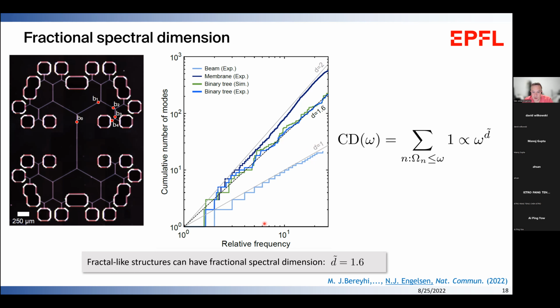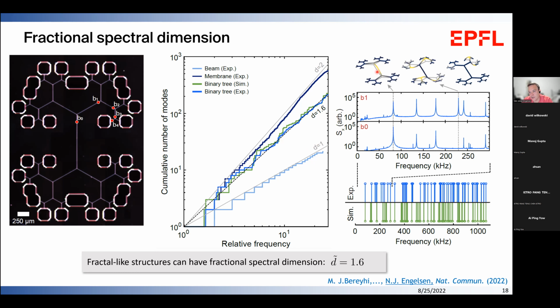And as an aside, we can simulate very well the expected mode structure of the devices. And what we found is that while the overall scaling of the experimentally measured data, shown here in blue, matches well to the scaling of the simulated data in green, we don't get the exact matching of all the modes with simulation.